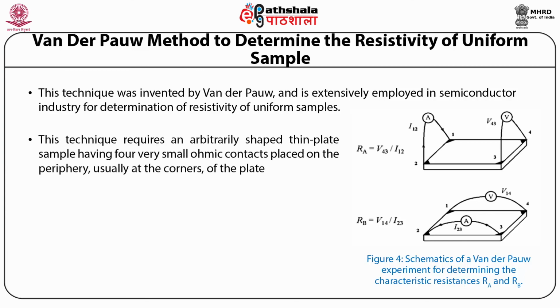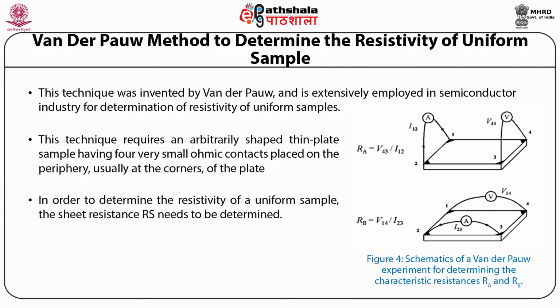This technique requires an arbitrarily shaped thin film sample having four very small ohmic contacts, which are placed on the periphery, usually at the corners of the plate. Figure 4 shows the schematic arrangement of a typical van der Pauw experiment for determining the characteristic resistances Ra and Rb. What are Ra and Rb?